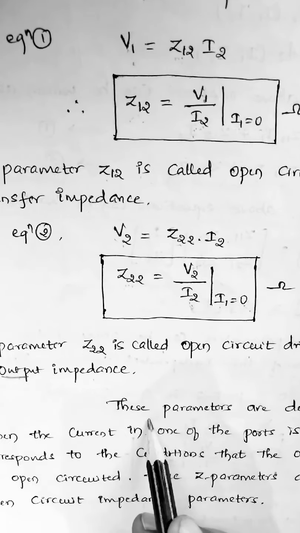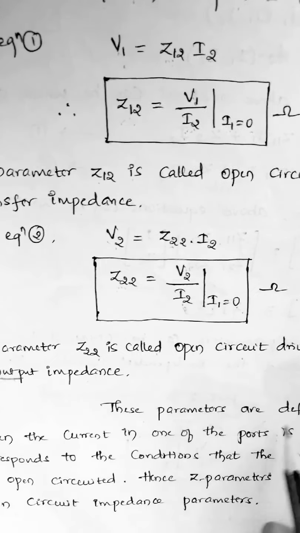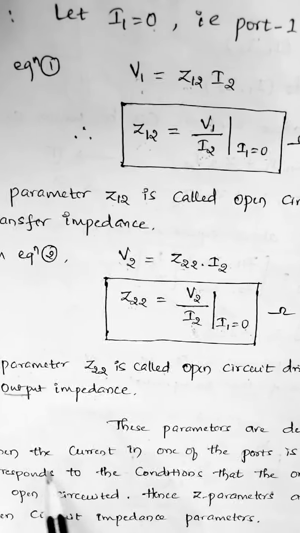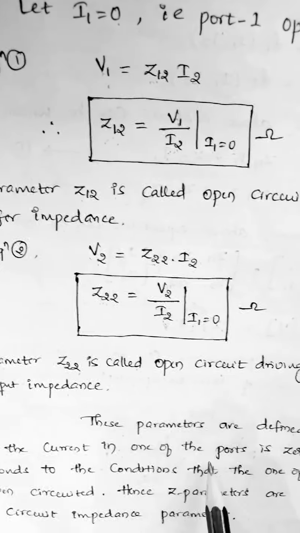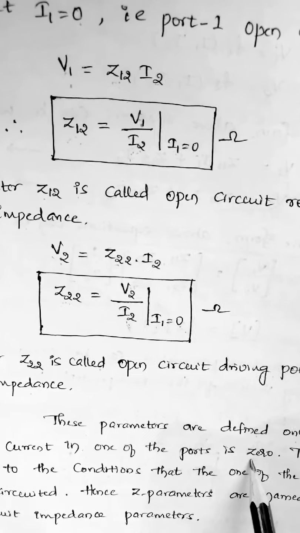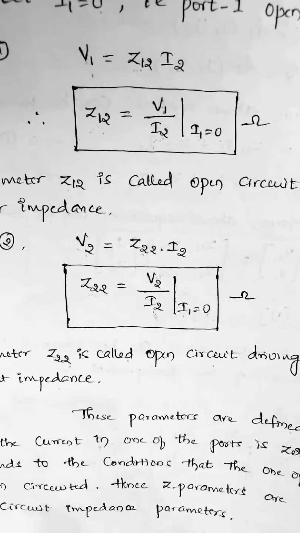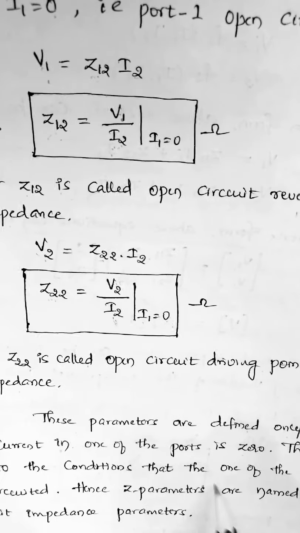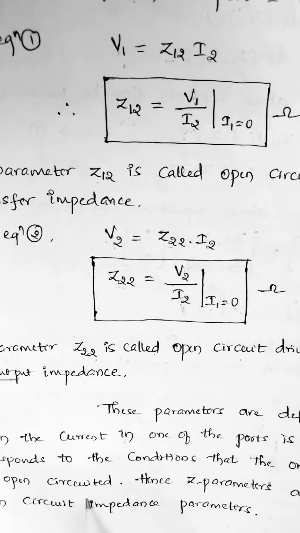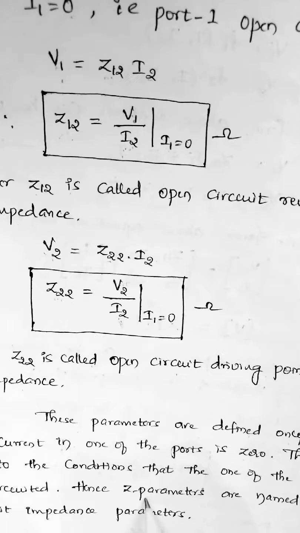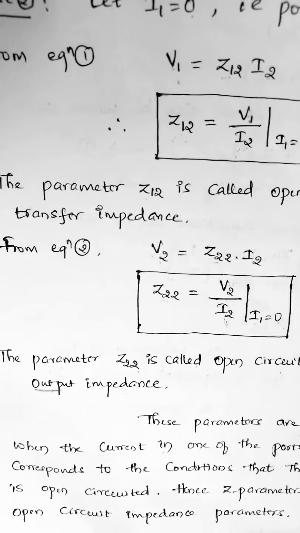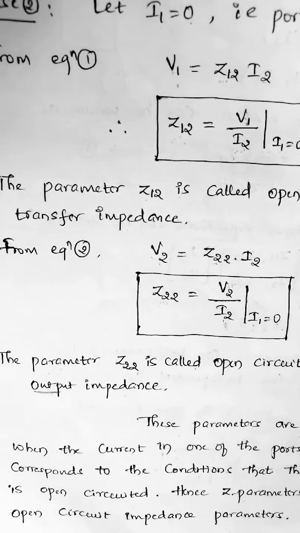So all the Z parameters are defined only when the current in one of the ports is 0. This corresponds to the condition that one of the ports is open circuited. Hence Z parameters are named open circuit impedance parameters.